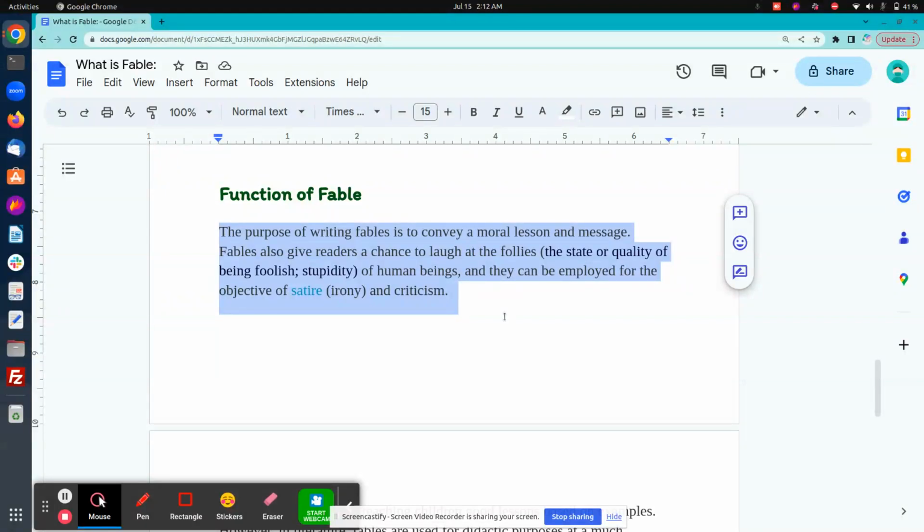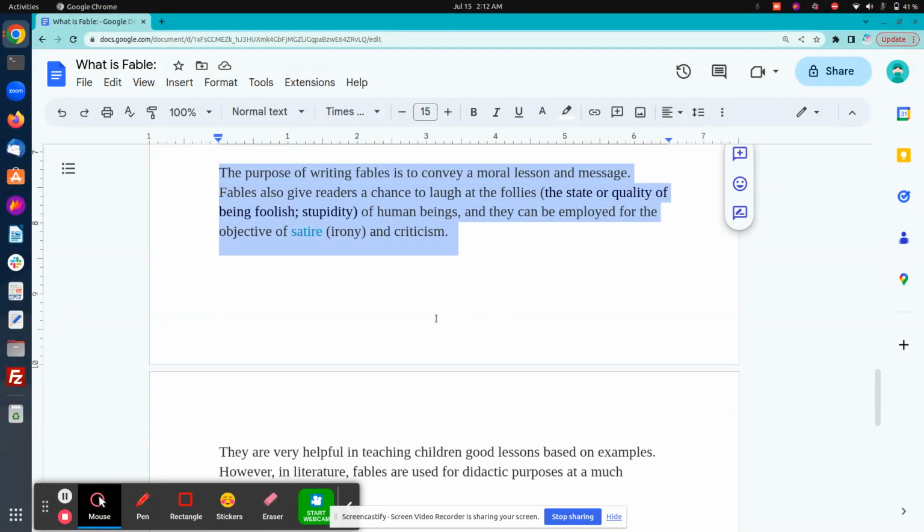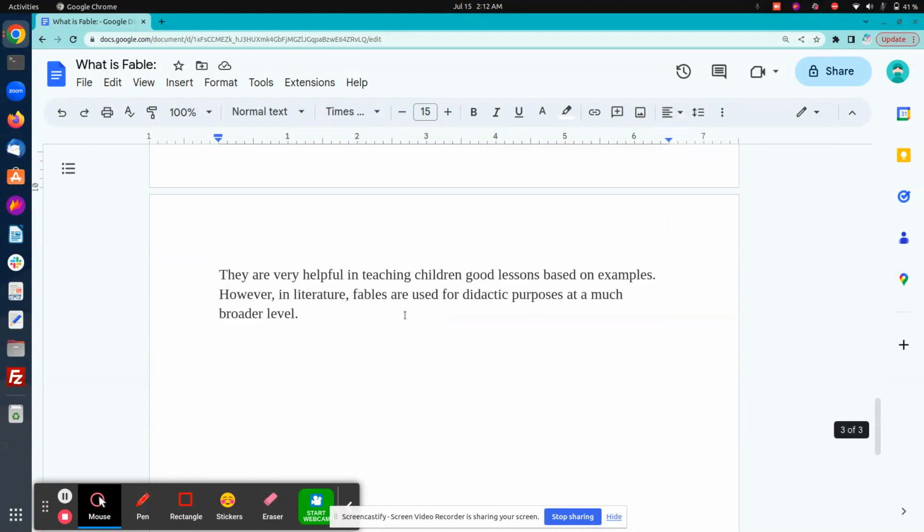What they do is give a very deep and honest moral by letting animals or different objects play in a story, and they are directly related to the stupidity or foolishness of human beings. So they give the idea of criticism and irony, that means sarcasm, to human beings as well.